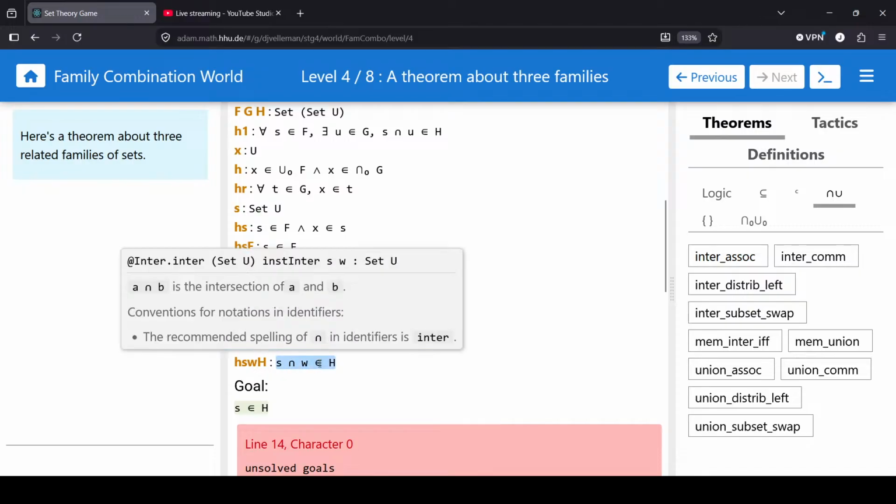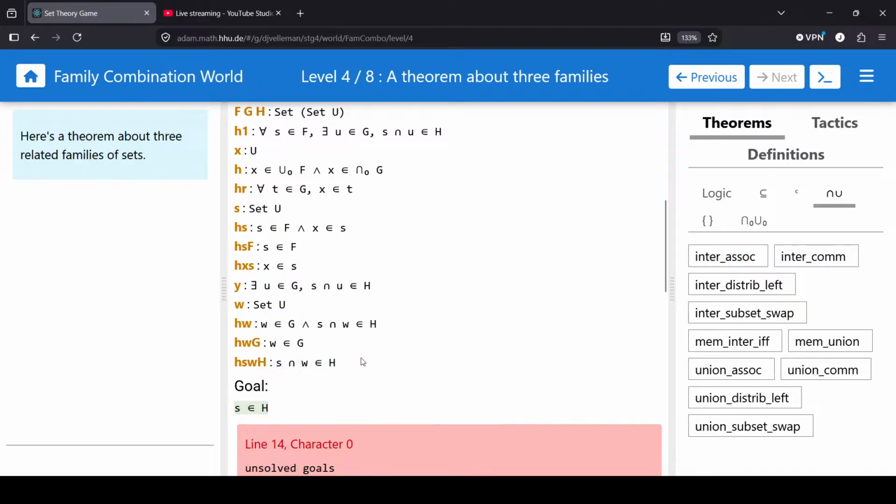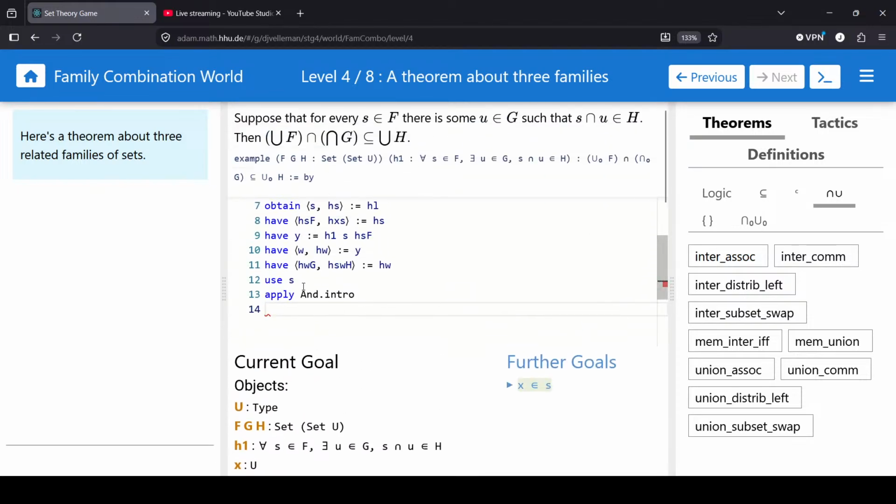So this doesn't imply this at all. Oh, so that means I am wrong. I see.